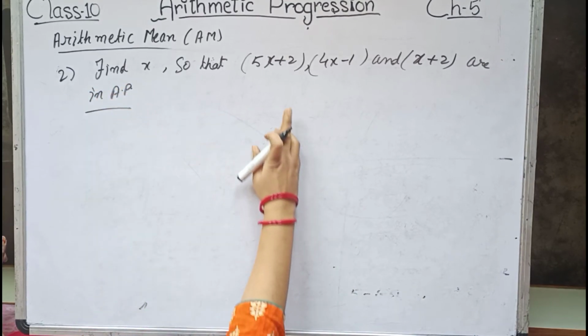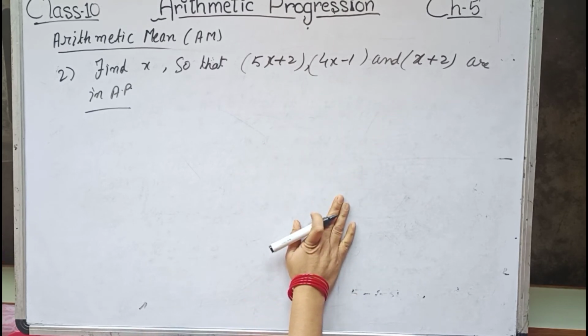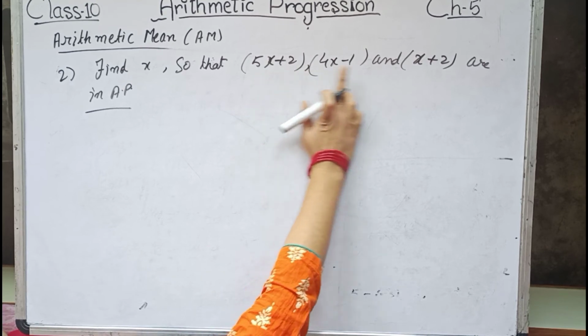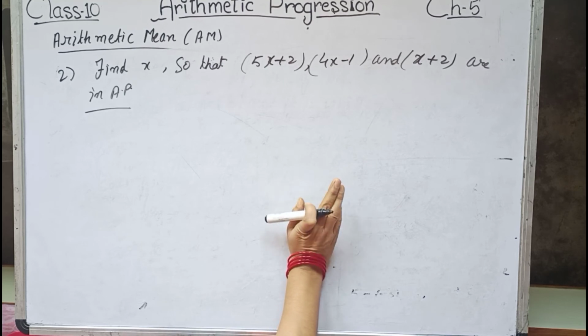Now over here you can see that three numbers are given in AP. So here we can utilize the concept of arithmetic mean, that this number will be equal to this plus this divided by 2. Now suppose you get this question in the examination and the arithmetic mean concept is not coming to your mind.